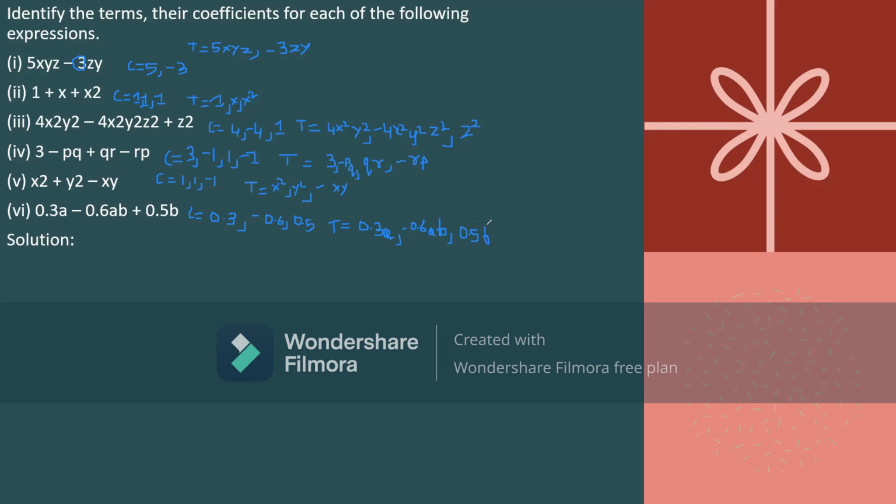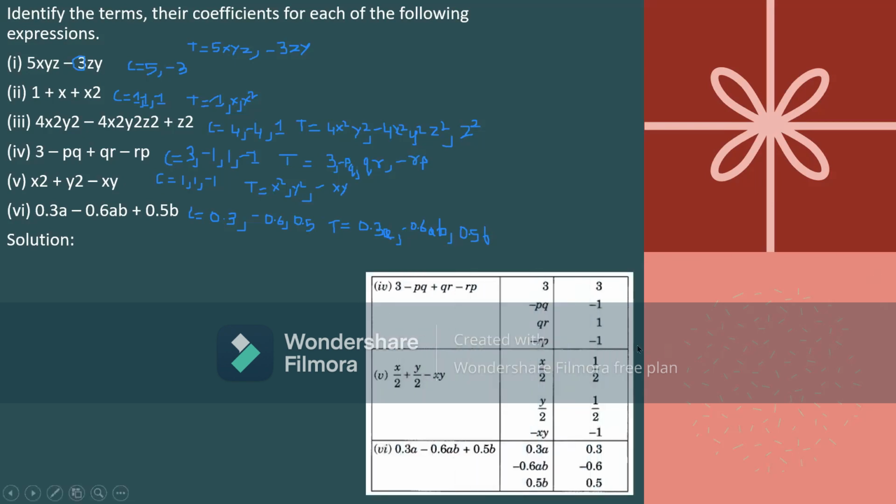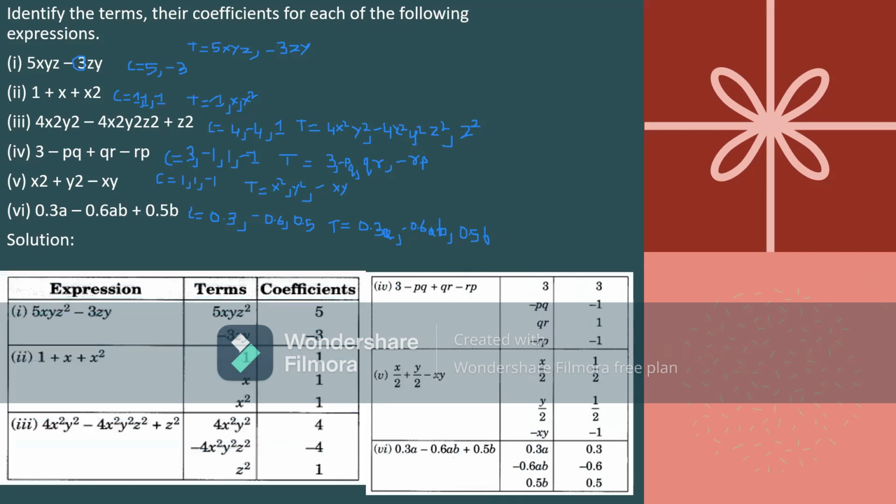So let's check the answers. From the first one, as I've said, that's x squared, but I made a mistake. According to this question, it's 5xyz.